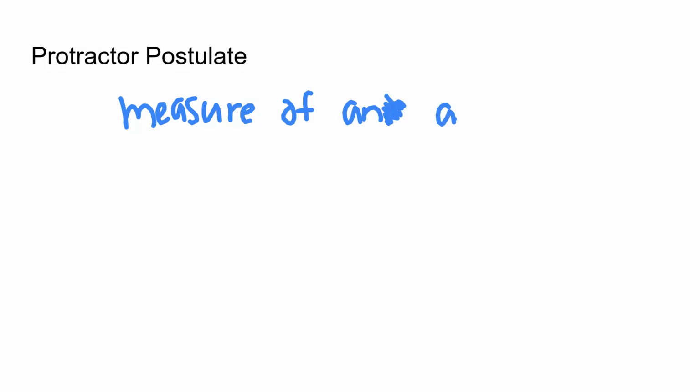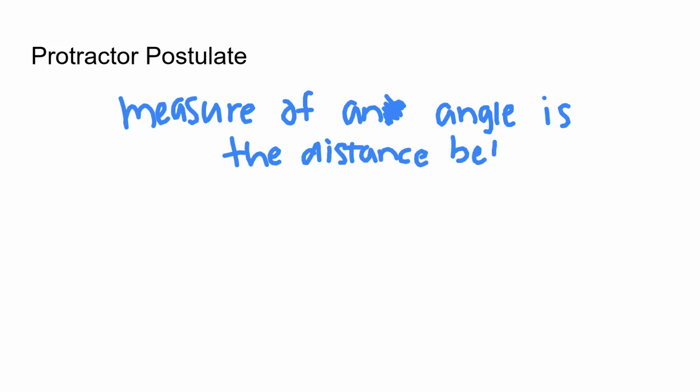Okay. Now we have the protractor postulate. And what that says is that the measure of an angle is the distance between marks on a protractor.